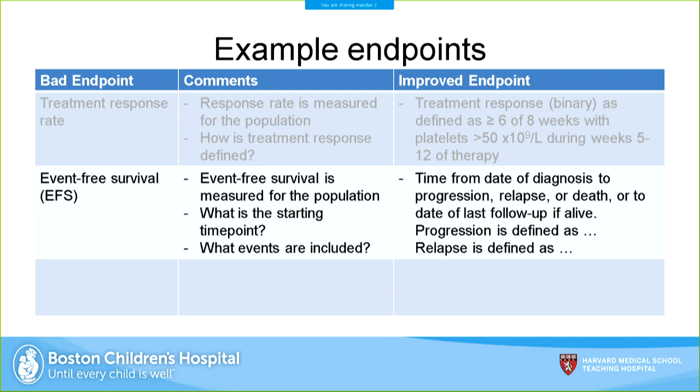So an alternative endpoint would be time from date of diagnosis to progression, relapse, or death, so those are your events, or to date of last follow-up if the patient was alive. And then you would go on to define what is a progression and what is a relapse. So it's very clear when you go to analyze it how you're going to actually calculate this event-free survival.